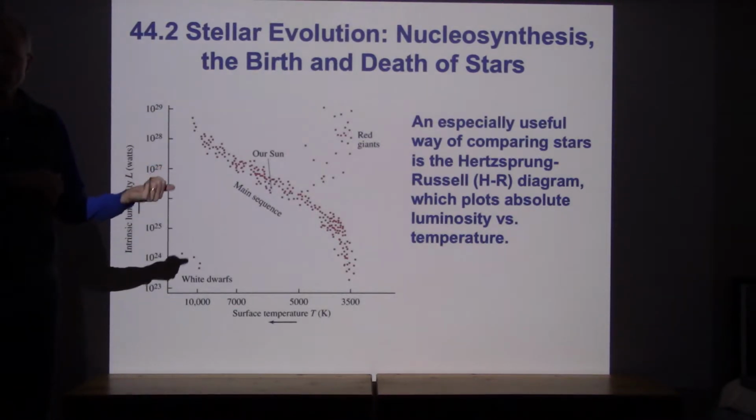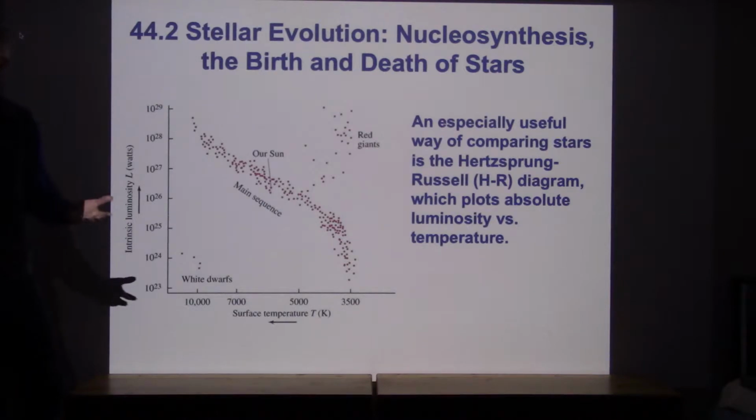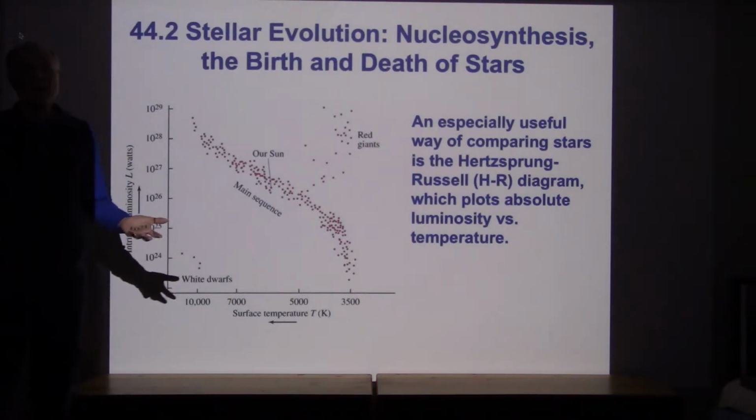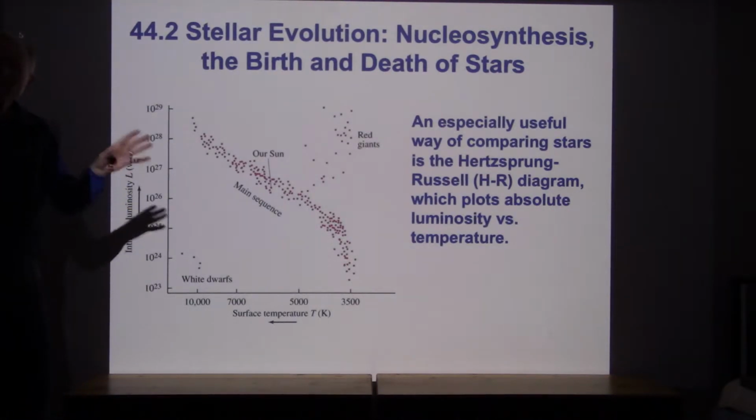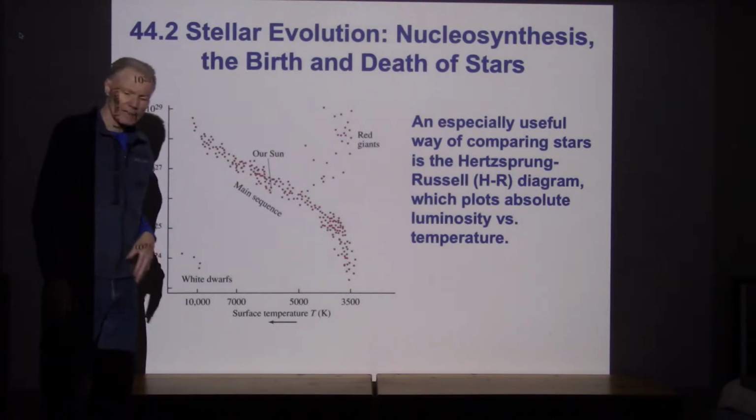We estimate a star like the sun should have a lifetime of about 10 billion years, and best measurements of the age of the Earth and other objects in our solar system suggest that the solar system formed probably about 5 billion years ago. So there's probably about 5 billion years of hydrogen fuel left in the sun.